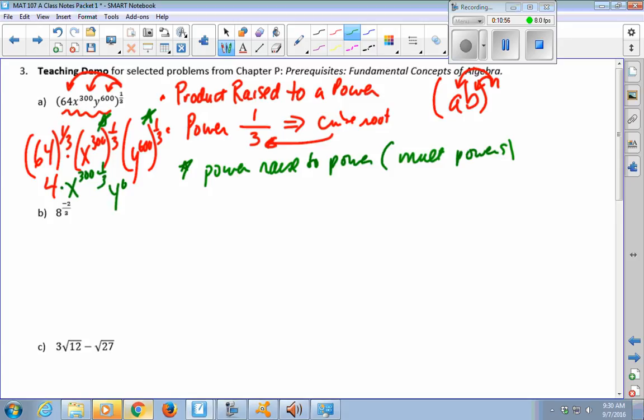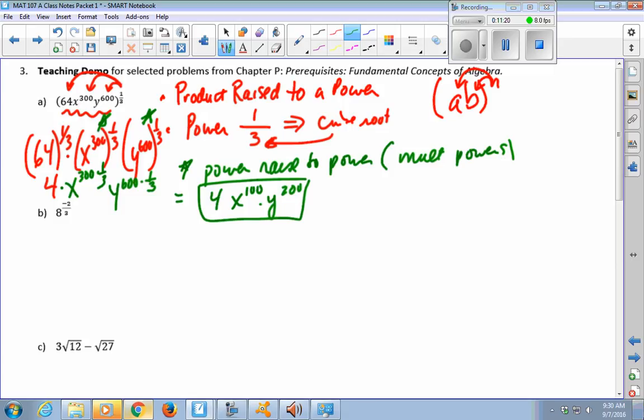And y to the 600 raised to the 1/3 is 600 times 1/3, which means you just divide them by 3. So 4x to the 100 times y to the 200. And that's your simplification. So notice we had 2 different exponent properties in that problem and the meaning of a fractional exponent.